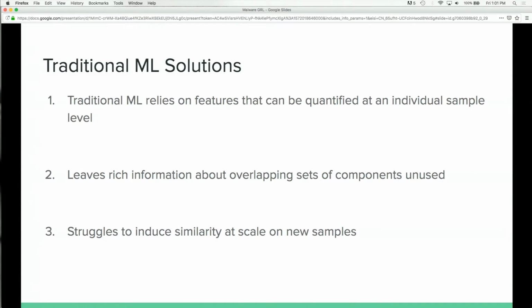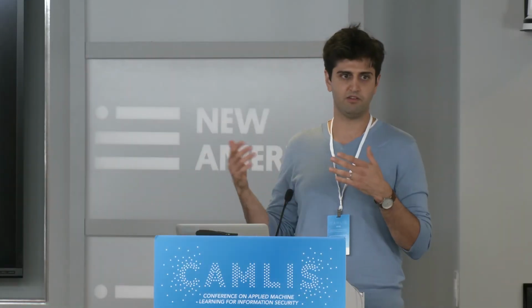And we think about some of the machine learning techniques we've heard about already today, and what we know about machine learning for malware is that traditionally, it relies on features that you can quantify at the individual sample level. You want to know some set of things about each piece of malware so that you can pass it into some system that either learns how to classify it or cluster it, etc. But what we also know is that there is this rich set of overlapping components that make up each of the malware.